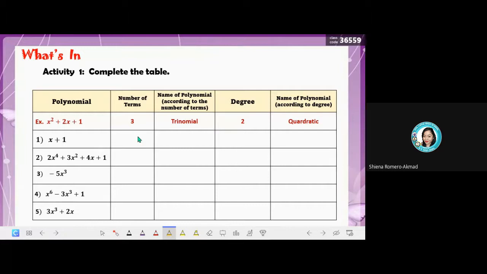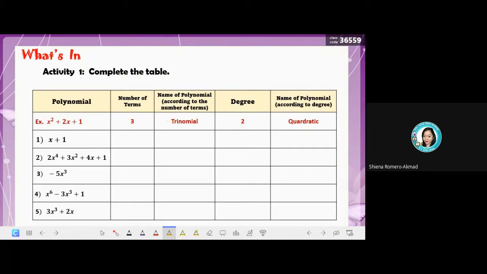So first, let us have a review on polynomials. So let us complete the table. So in completing the table, you have to write the number of terms, yung name ng polynomial according dun sa number of terms, yung degree, and yung name of polynomial. Okay?